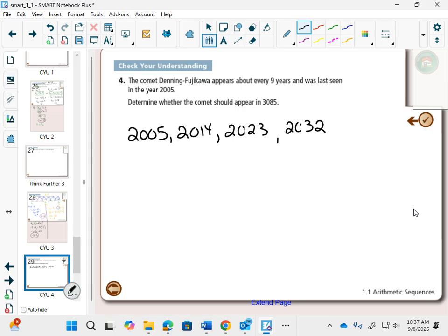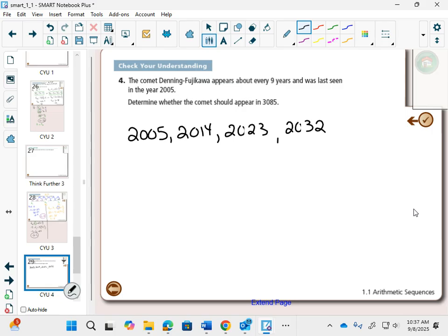So you can block off some time on your calendar if you really want to see this comet. I'm wondering if I'm going to be able to see it in 3085. Well, I could just keep writing these numbers down, adding 9 each time, and see if 3085 shows up. That's the brute force method. It will work, but it would be really annoying and time consuming.